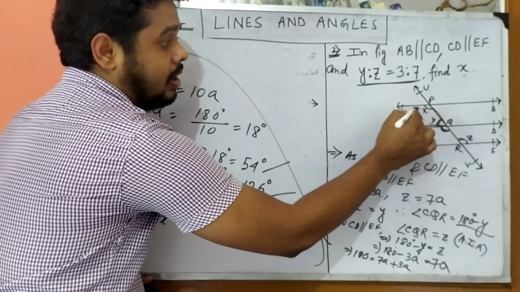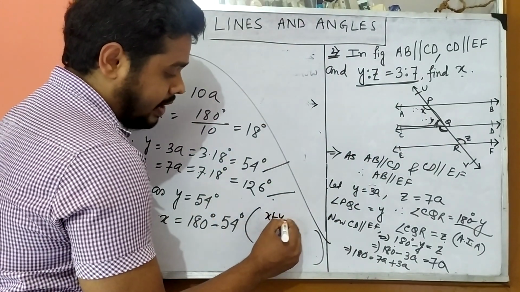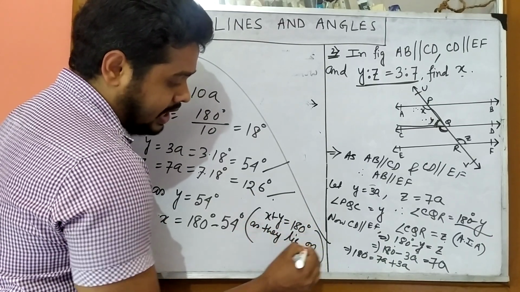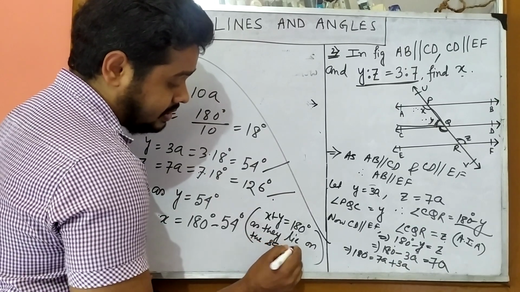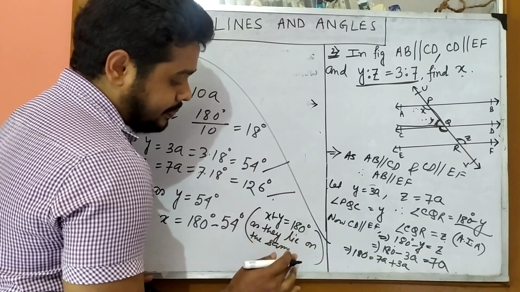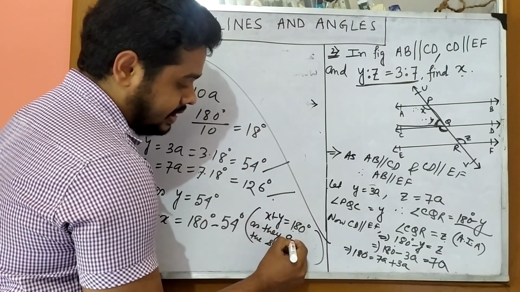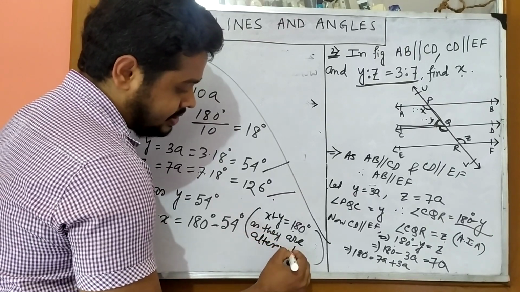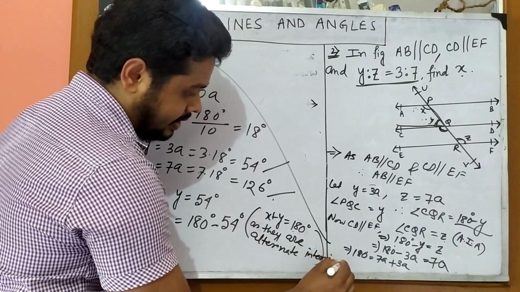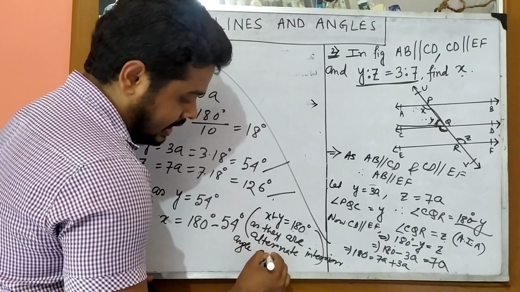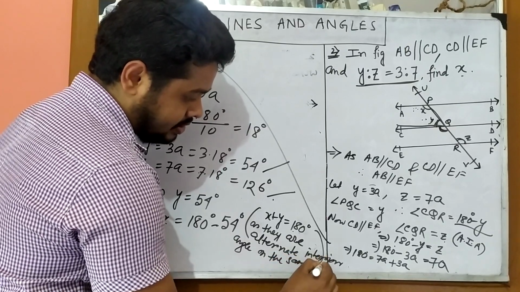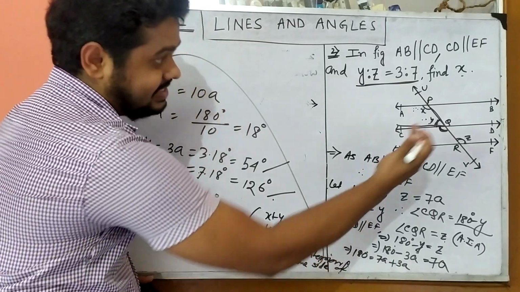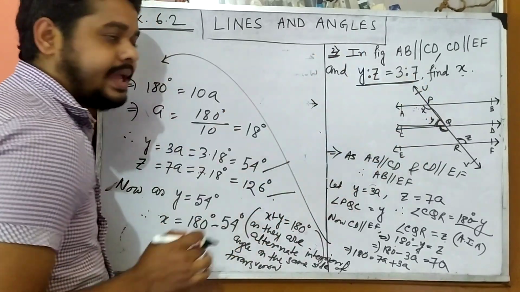Is it clear to you? So the sum of these two angles, x plus y, equals 180 degrees.